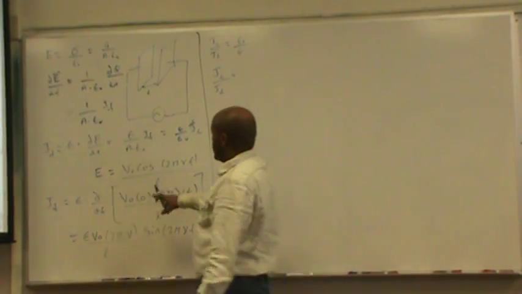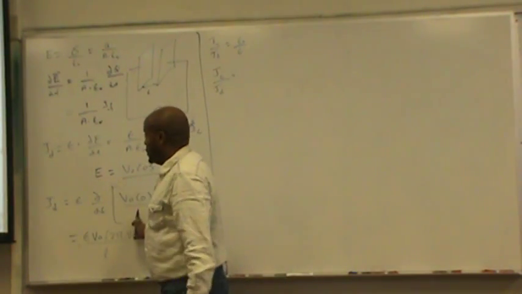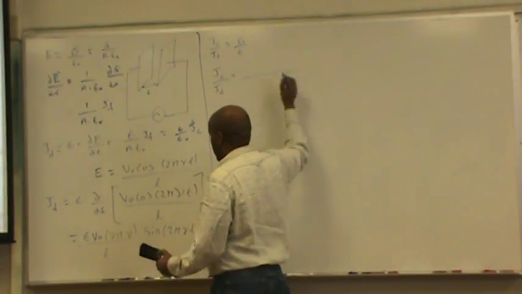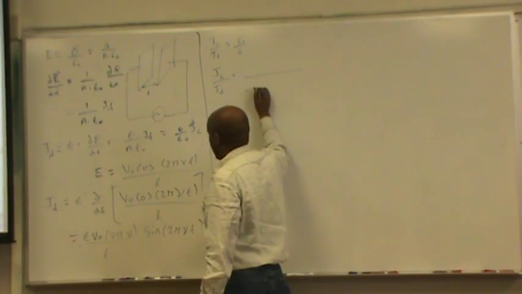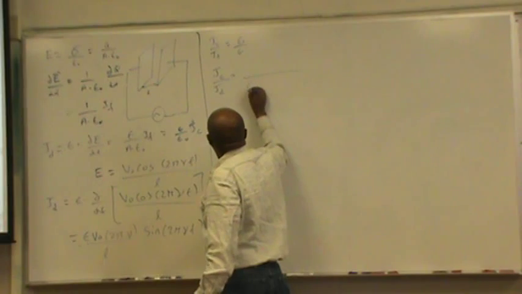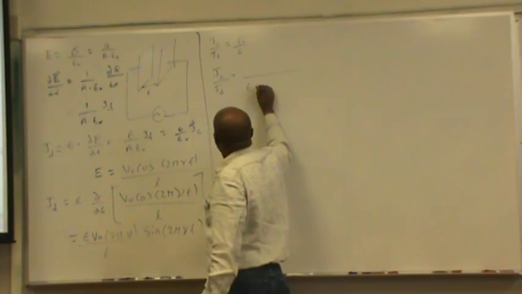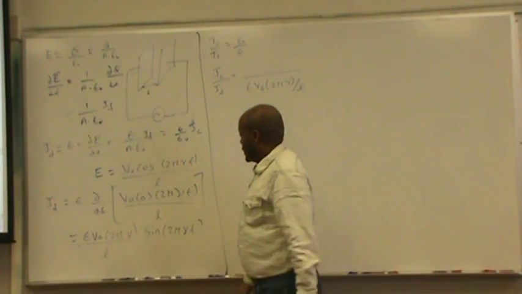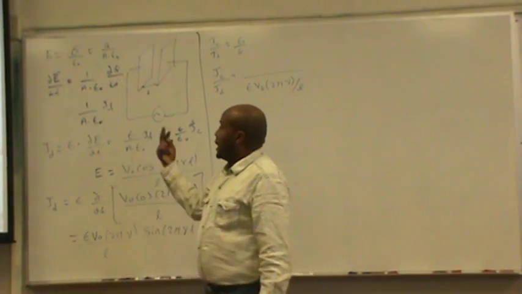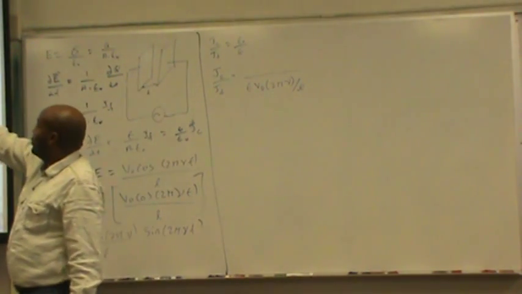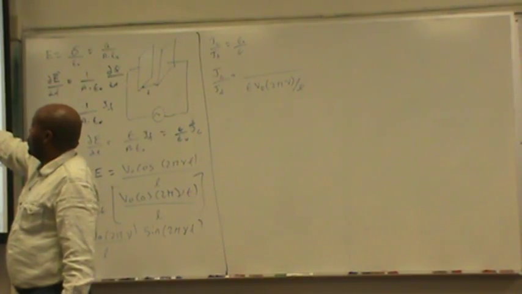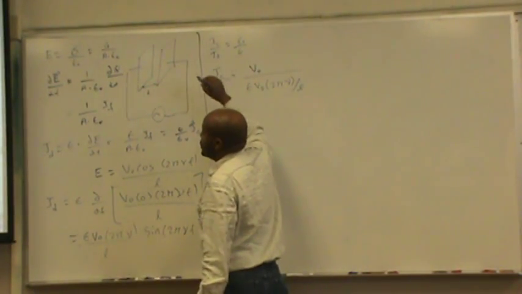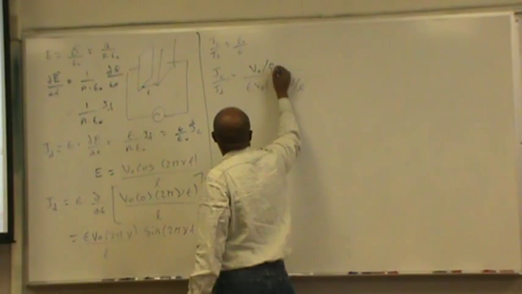For the displacement current, the amplitude is this. If I use this amplitude for the displacement current, let's forget the sign, since we are interested in the amplitude: V naught 2 pi nu over L. So that's the amplitude for the displacement current. And for the conduction current, the amplitude is just V naught over rho L.